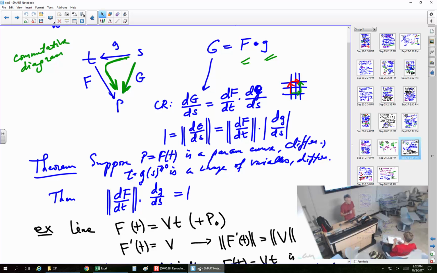So t is the directional parameter, and this is our original parametric curve, and then we replace it hypothetically with a more ideal situation, and that is the arc length parameter, which gives us the unit speed.